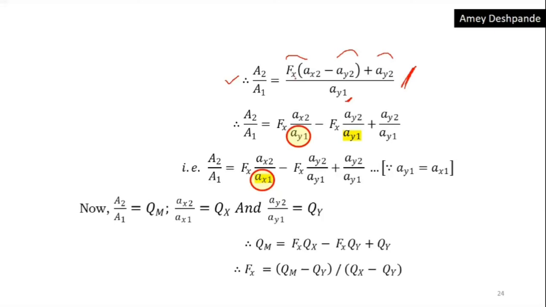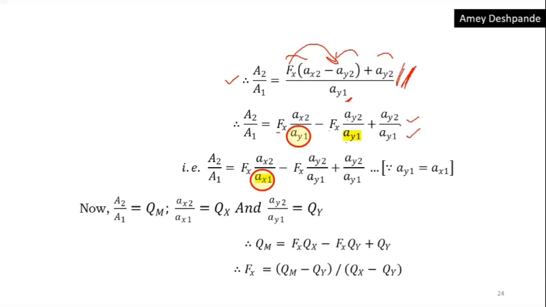So first term will be fx multiplied by ax2 divided by ay1, minus fx multiplied by ay2 divided by ay1, plus ay2 divided by ay1. This is the last term.